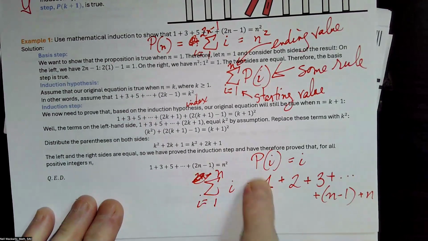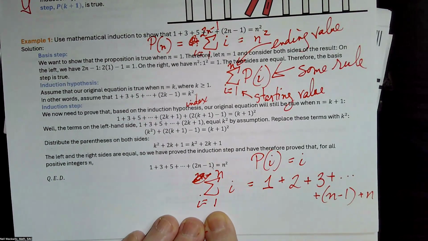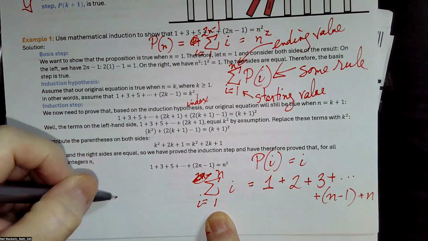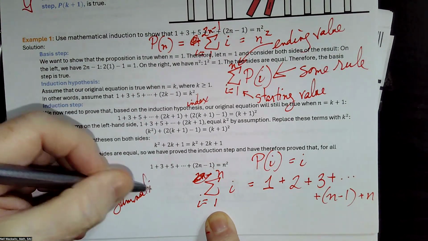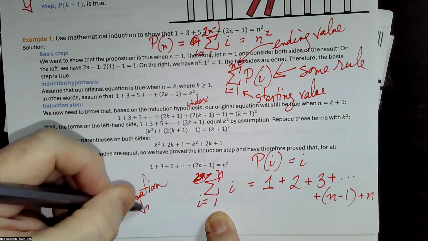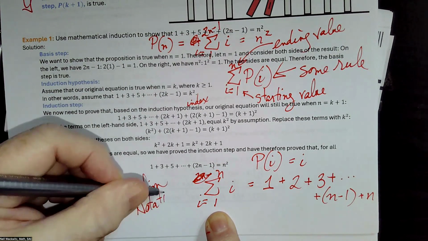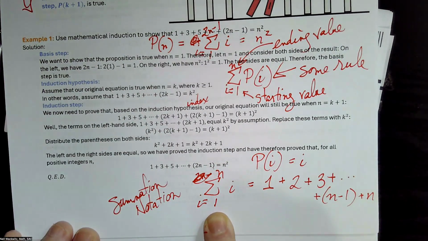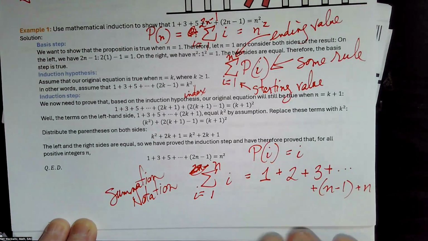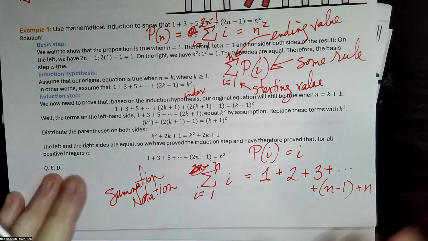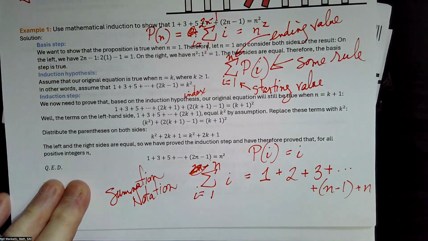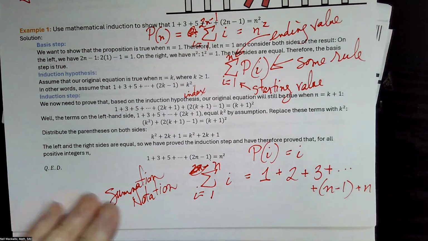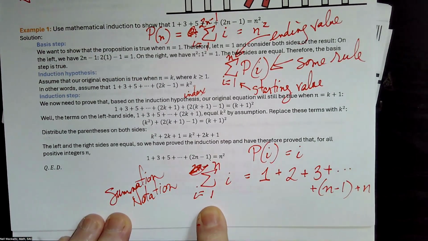So this notation is called summation notation. And it enables us to write a sum in a very compact way. And we can think of this as a rule.